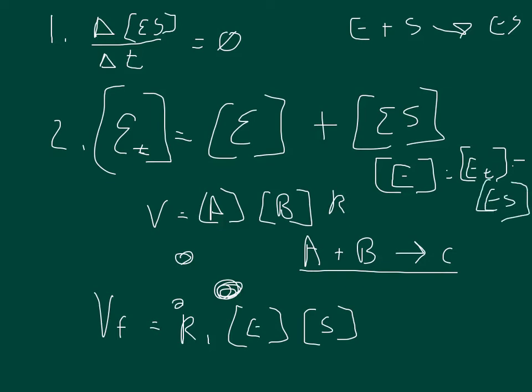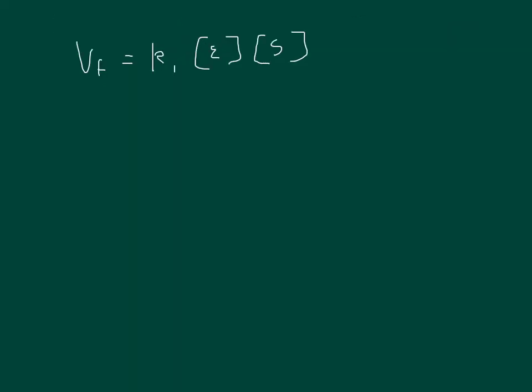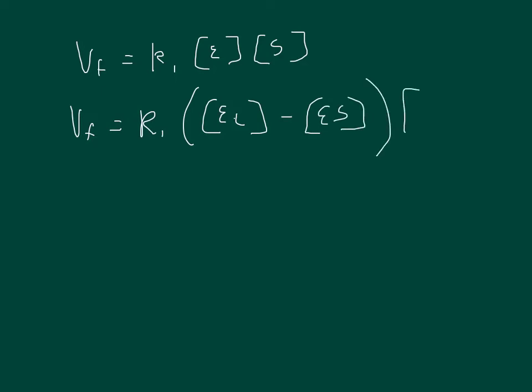And so we can rewrite this equation, and in here we're going to replace the concentration of the enzyme. So the velocity of formation is equal to k1 times the concentration of the total enzyme minus the concentration of the enzyme-substrate complex, times the concentration of substrate.